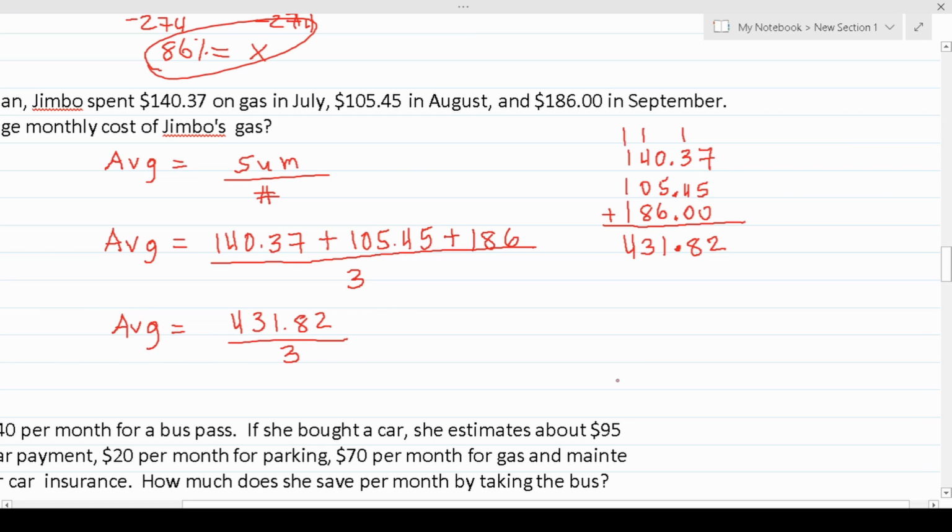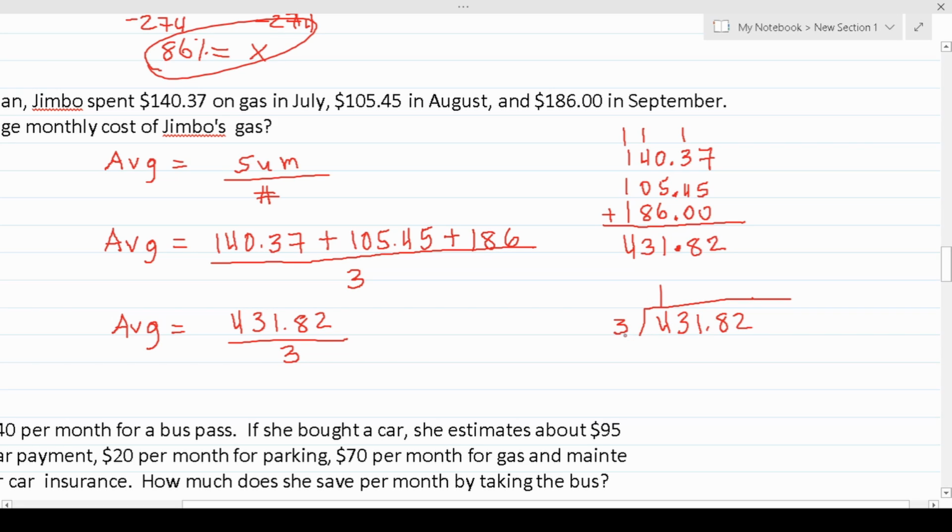It's not as hard as you think. So this becomes 431.82 divided by 3. And let me fix that. All right, now we're asking ourselves, how many times does 3 go into 4?